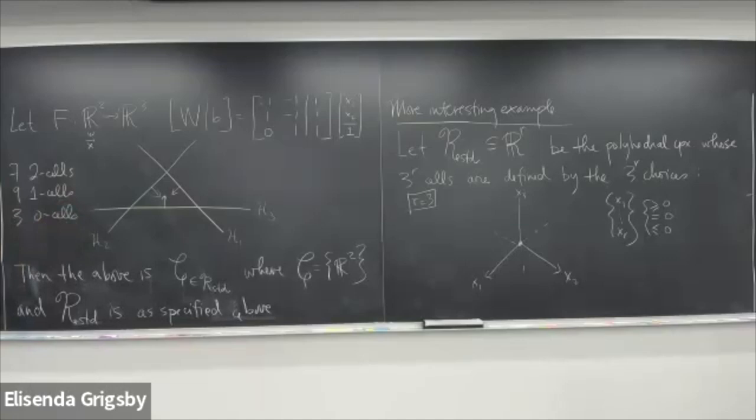So quick, let's pause. There were 27 cells in our standard. Why are there only 19 here? What's going on? You have this map from R^2 to R^3.